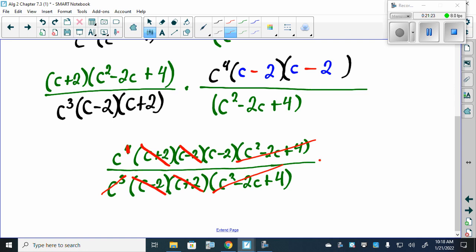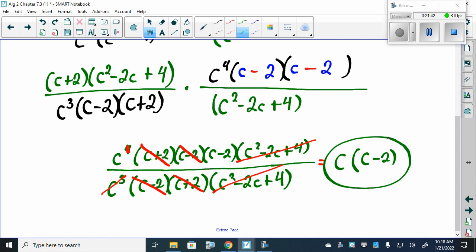And let's see what that leaves us with. Do we have anything left in the denominator? No, so it's just going to be 1. We don't have to write anything there. But in the numerator, we do have c, and that's it.